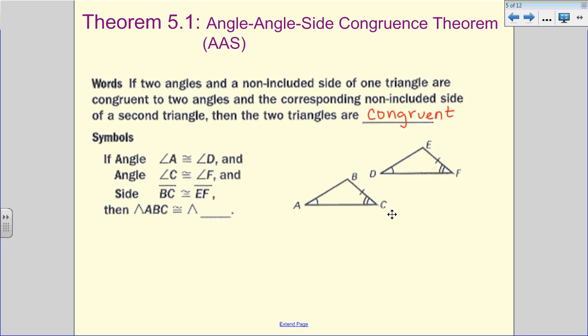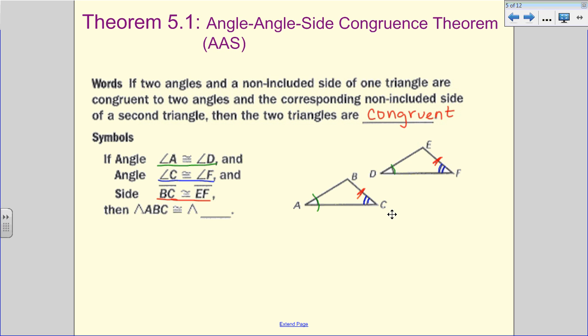So if we look, we've got angle A congruent to angle D. That's our first statement. And then angle C is congruent to angle F. And then we have BC, the side, being congruent to EF, and that's considered the corresponding side.